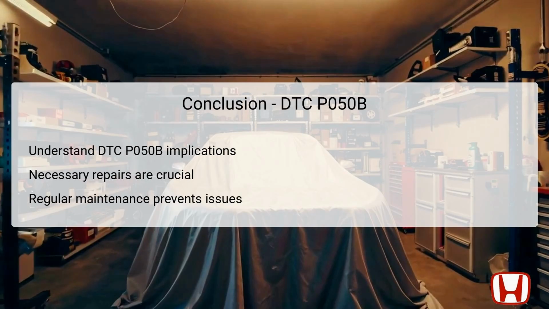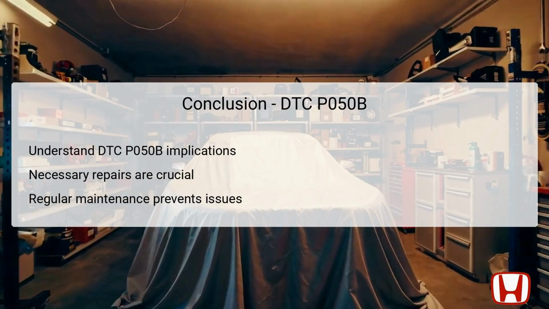Understanding the implications of DTC P050B is vital for Honda Accord owners seeking to maintain optimal vehicle performance. The cold start ignition timing control system plays a crucial role in emissions control and engine efficiency, and any faults can lead to significant operational issues.